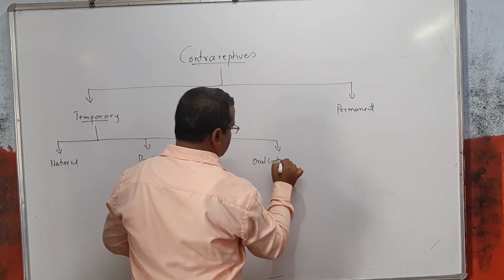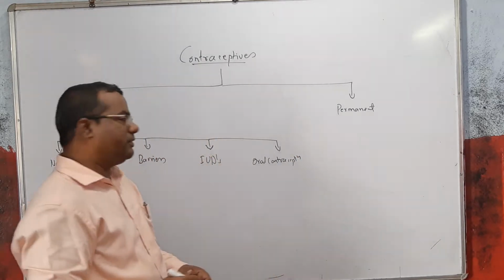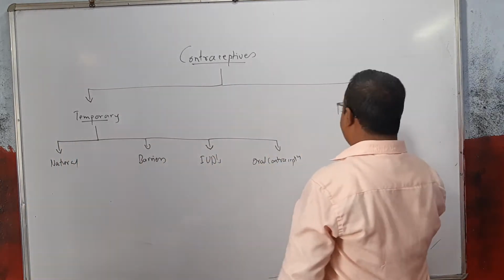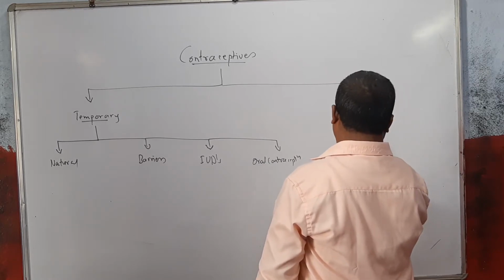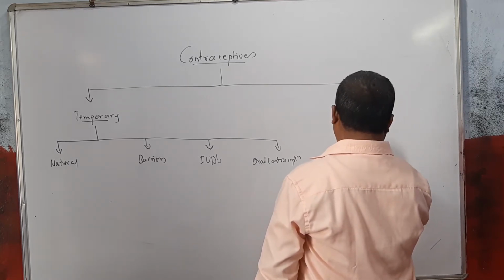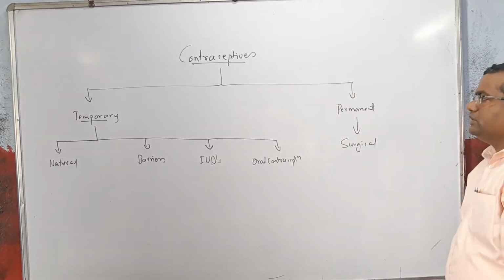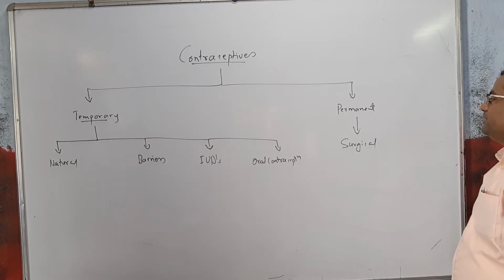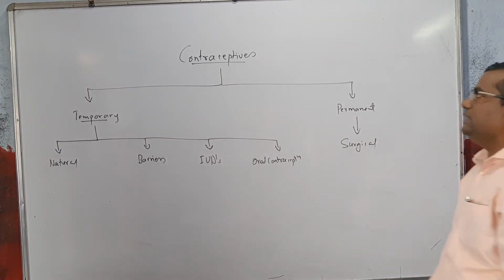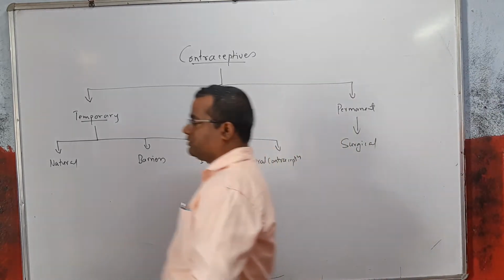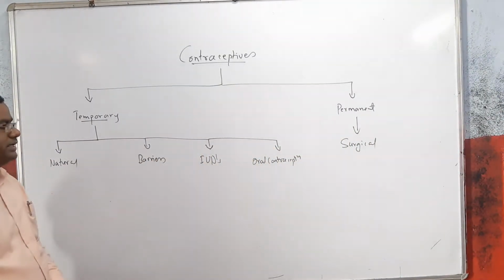And in the permanent method, only one thing, that is the surgical. So students, temporary and permanent methods are there only to avoid or delay conception. Okay, now let us study one by one in detail.